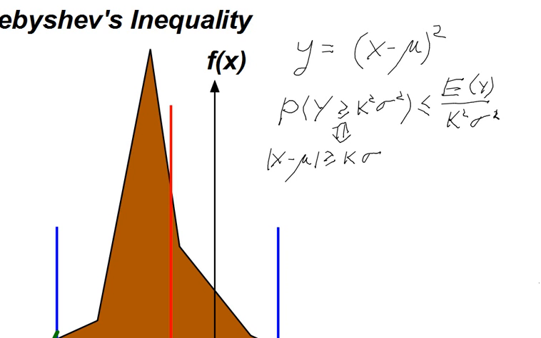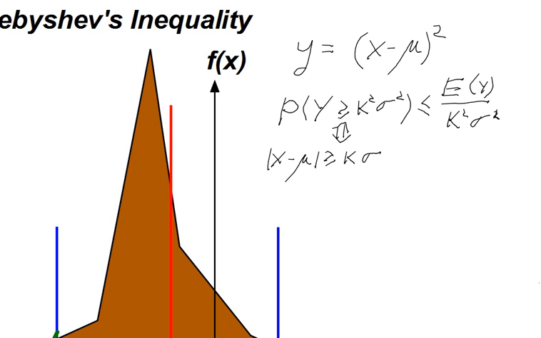Because if this condition holds, then (x minus mu) squared is larger or equal to k squared sigma squared, and if this holds, then this holds. So that's an equivalent event.